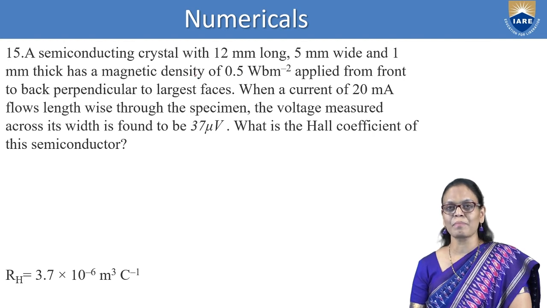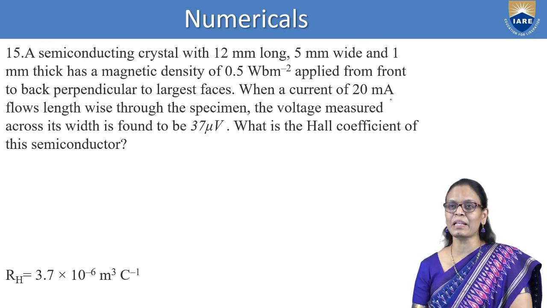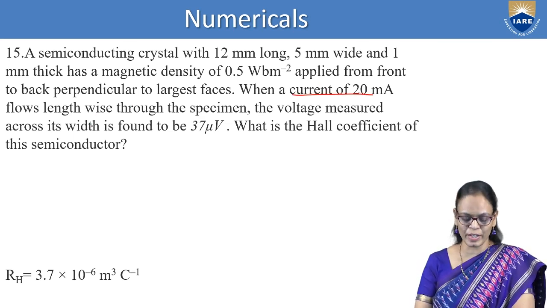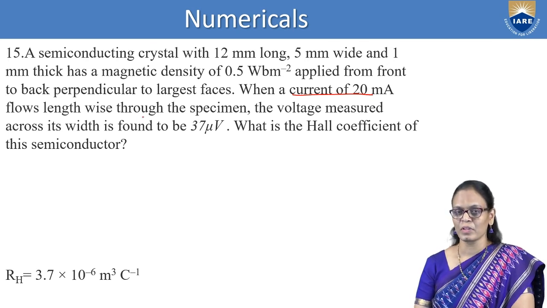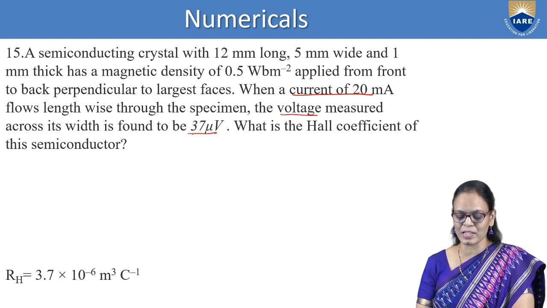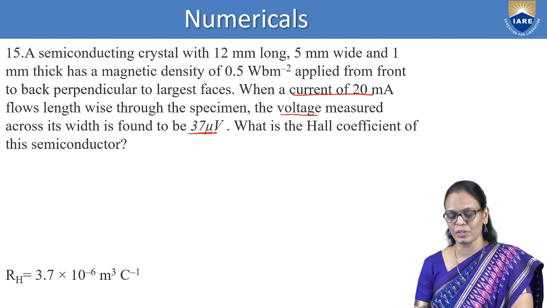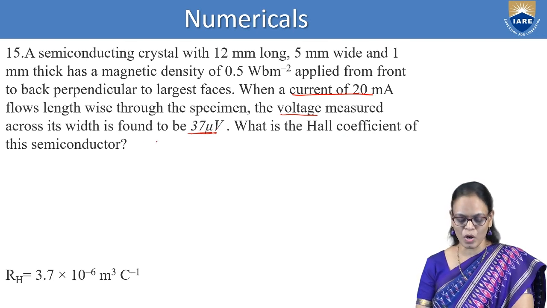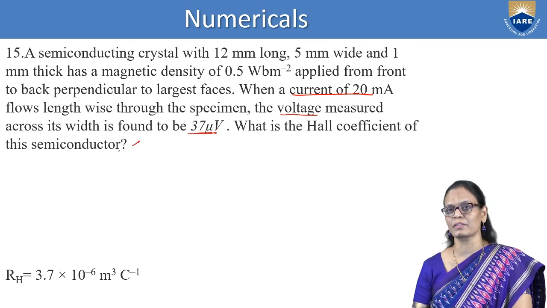Means the magnetic field is applied from front to back perpendicular to the largest faces. Now, a current of 20 milliampere flows lengthwise, along the length, and the voltage measured across its width is 37 microvolt. Mu V here represents microvolt. So, what is the Hall coefficient of this semiconductor?